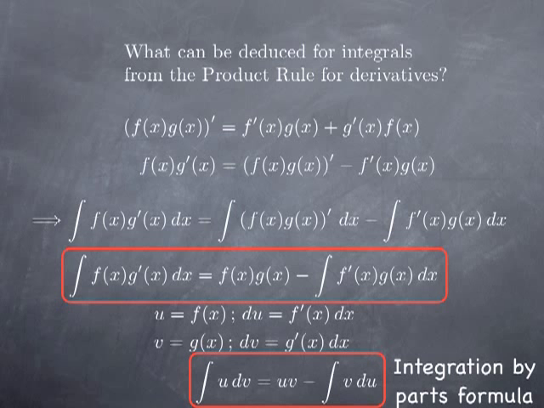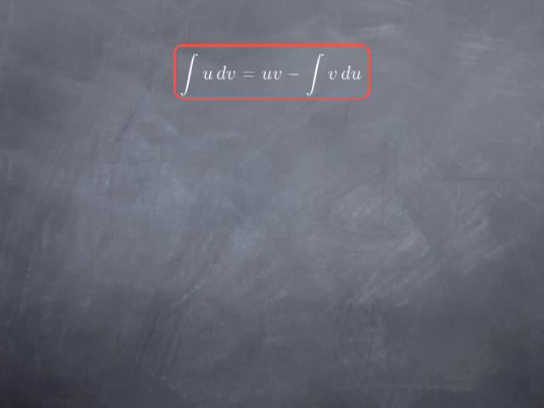So let's see on some examples how this applies. Here is our formula, and here is an integral we want to calculate. Here there is certainly no hope in terms of using substitution, for instance. So we can, say, try integration by parts.